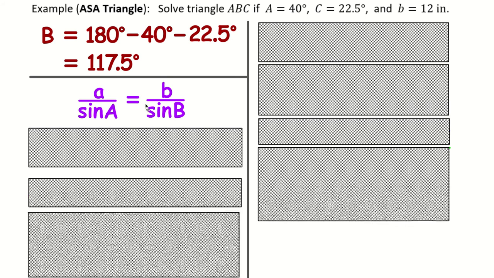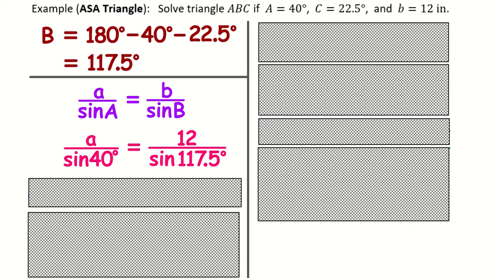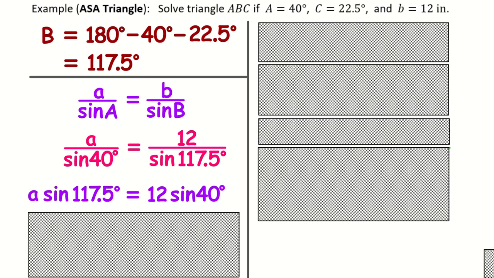So I'm going to make that proportion, plug in what we know, because we can now solve for side A. Once again, nothing new here to reveal, to teach you. Once we have the proportion set up, we can cross multiply and do everything we did in the first example, just all over again.